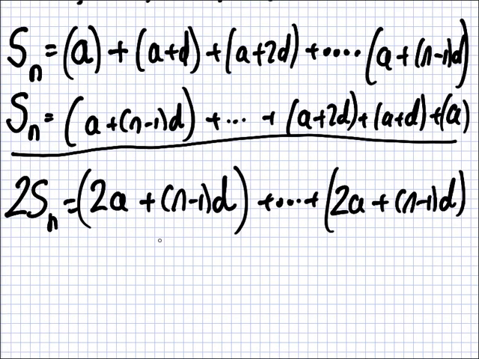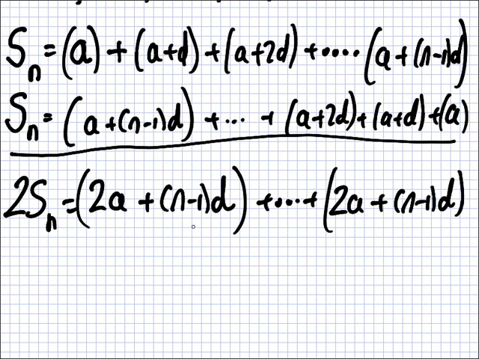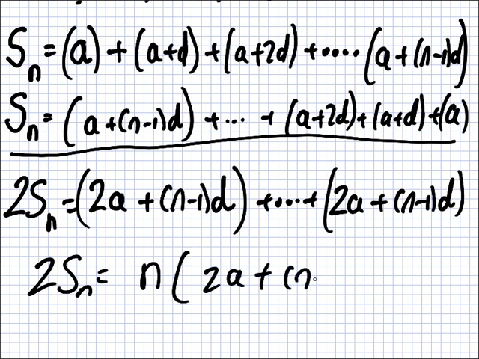Okay. What is the quick way to add the same thing many times? You know, if I had something like x plus x plus x, what's that equal to? 3x, isn't it? Yeah. So, what would this equal? N, good, yeah. Times the 2a plus n minus 1d.